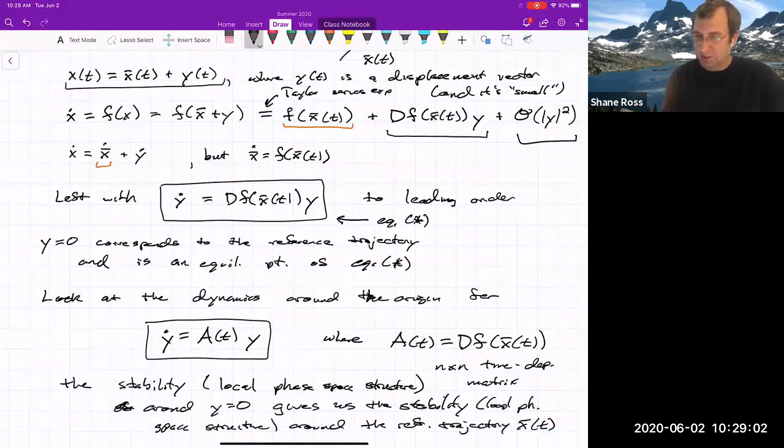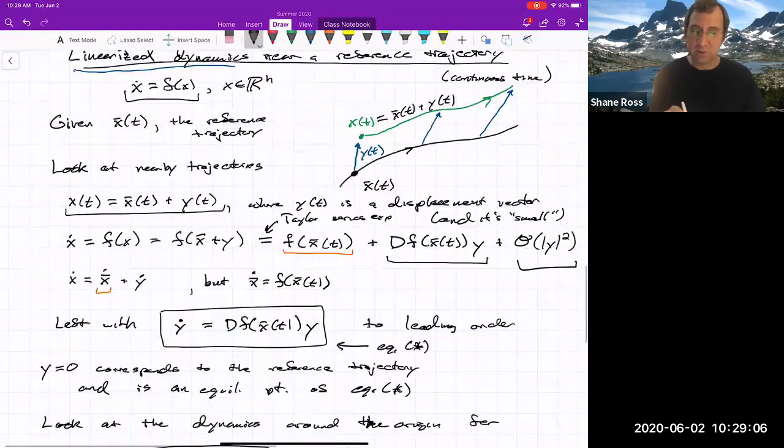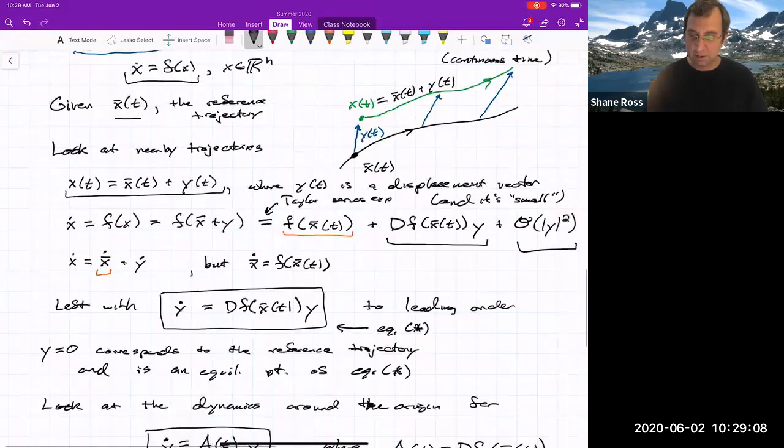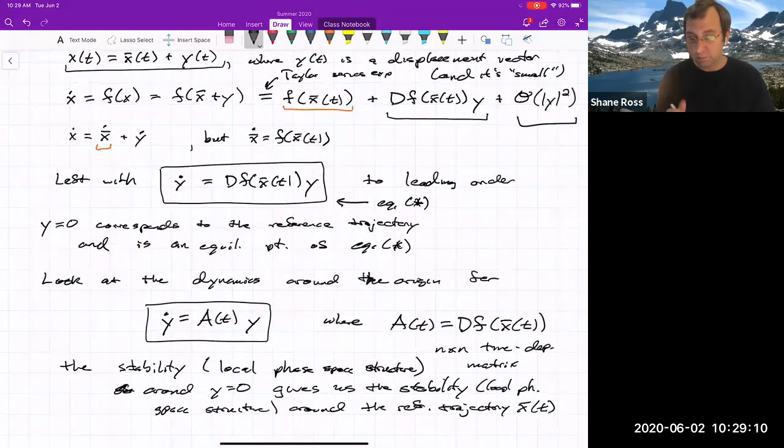So the question of the stability and/or local phase space structure for the reference trajectory x bar is given, at least to leading order, by this linear time-dependent ODE.